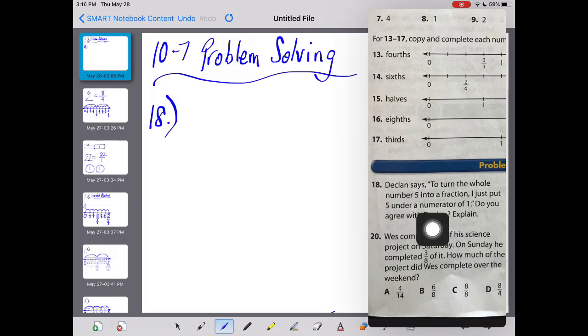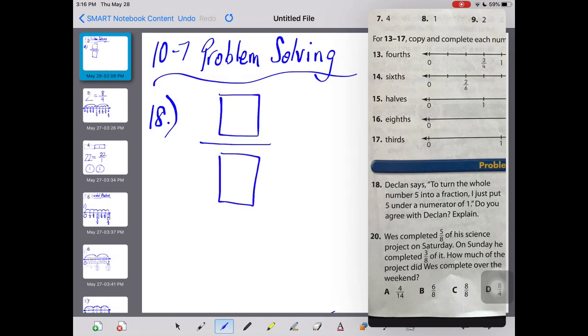I don't know about you, but I clued into this vocabulary word, numerator. When you think of a fraction, you've got a numerator and a denominator. One number goes on the top and another number goes on the bottom, correct? The numerator is the number that goes up on the top, and the denominator goes on the bottom.